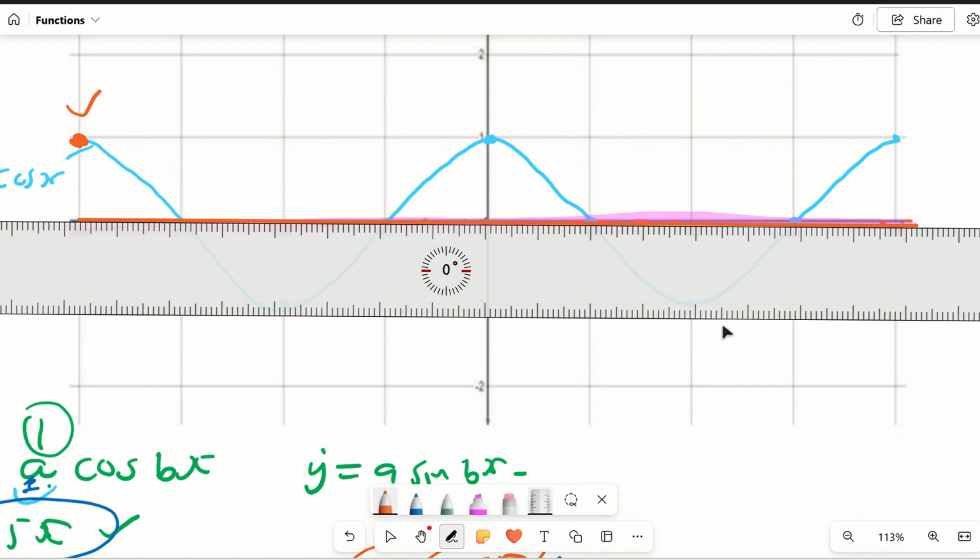The mirror will reflect this point somewhere there. Do you guys agree with me? If I put a mirror on the x-axis, it reflects something there.